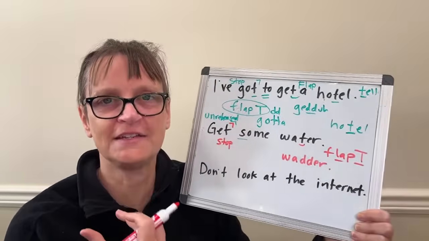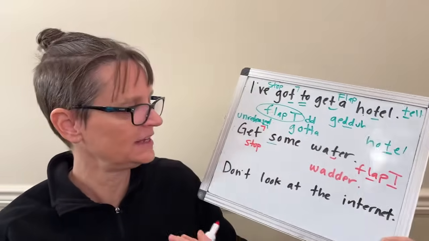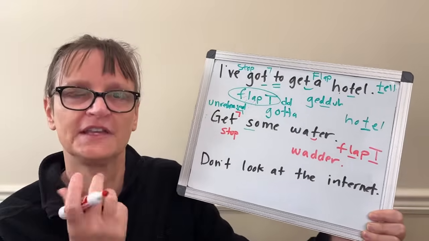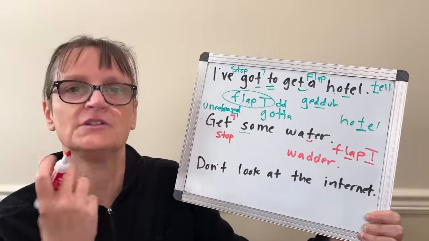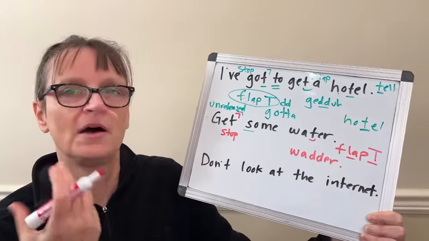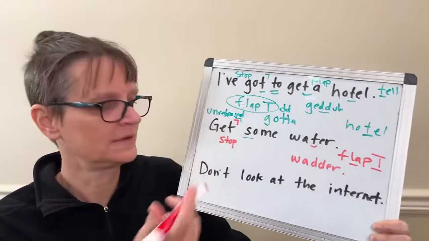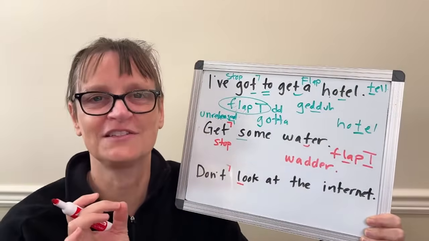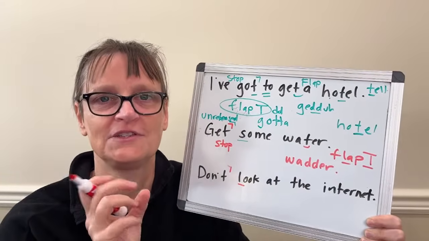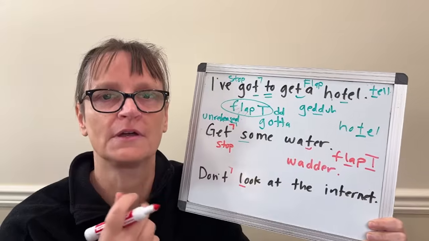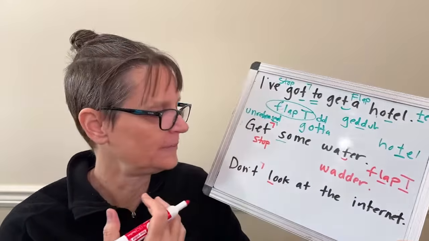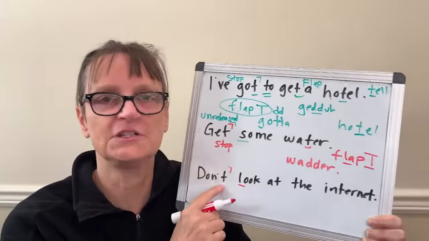Finally, when we have NT, sometimes we have some different things. If I'm saying the word "don't" by itself, you're going to hear both the N and the T, don't. But when I'm saying "don't look," because that T is followed by the consonant sound, you're probably going to have an unreleased T. Don't look, don't look. Sometimes we might drop the T in don't.